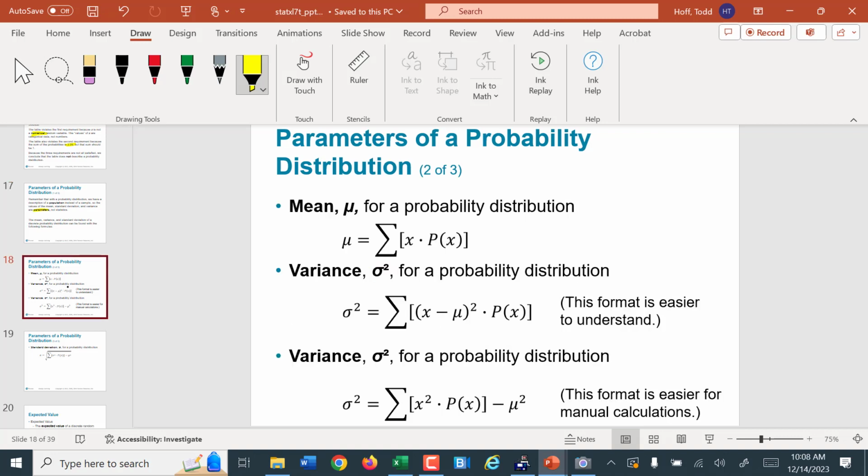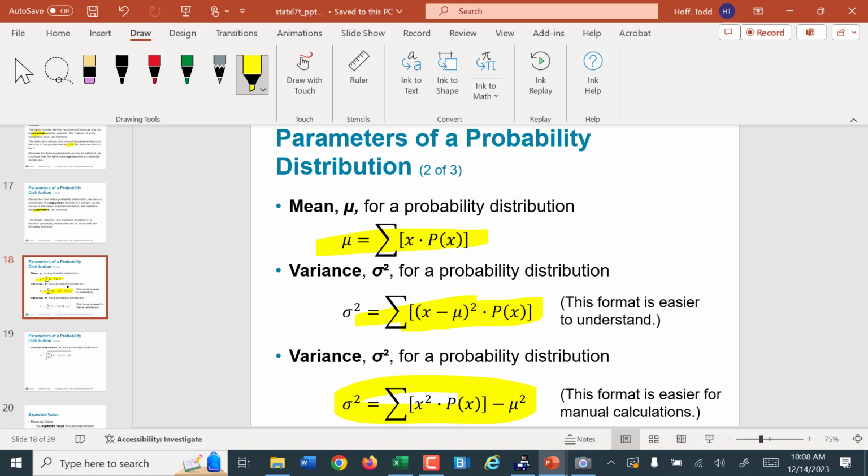Our formulas then for those, the mean is the sum of all the values of x times their probability. The variance, well, we take each of those values and subtract the mean, square it, and multiply by the probability and add them up. And the standard deviation, we got to do the square root of that.